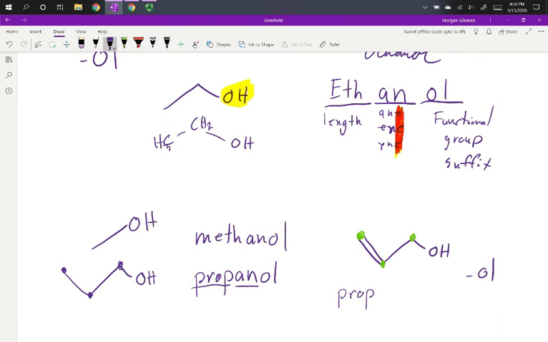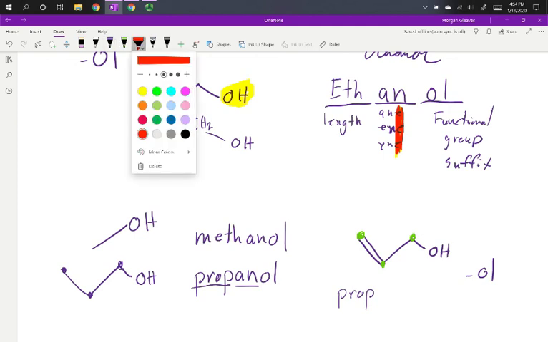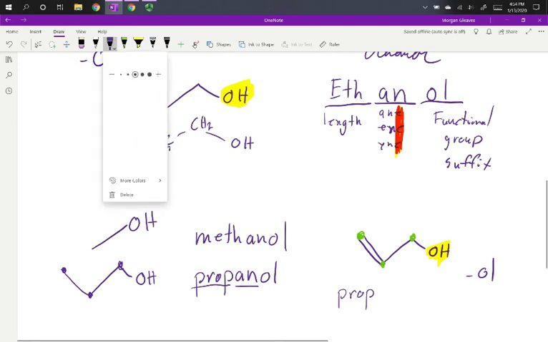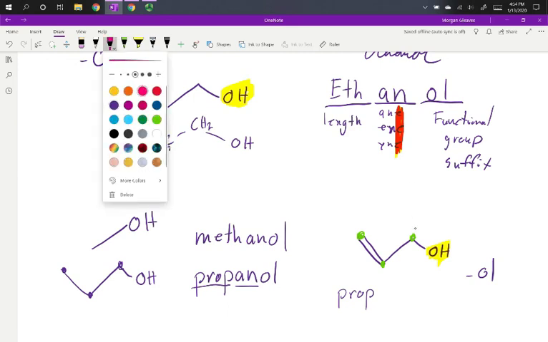Problem is the numbering. Now, we said we want the lowest number for the double bond when that was our only functional group. In this case, we have something that's not a carbon-based functional group, and that wins. If you have a double bond and then you have an OH, the OH takes priority. So the numbering becomes 1.